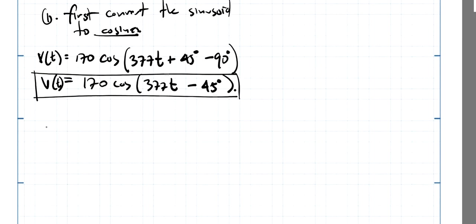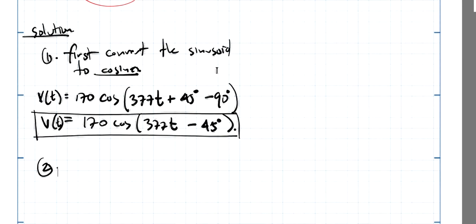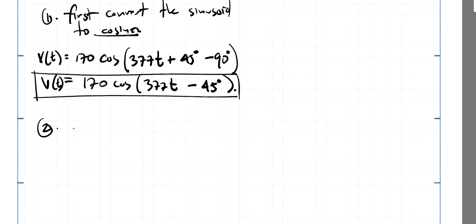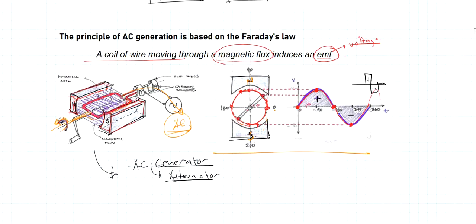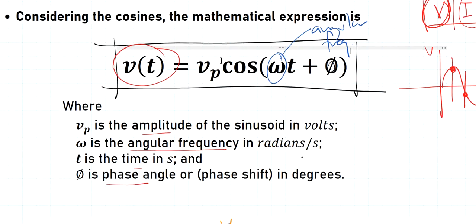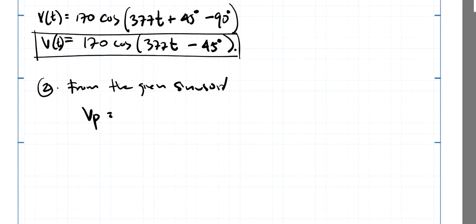Okay, so next, let's find the peak value Vp. From the given sinusoid, Vp is equal to, recall from this expression, the value right here before the cosine, that's the peak value, the maximum value. So Vp is equal to 170.